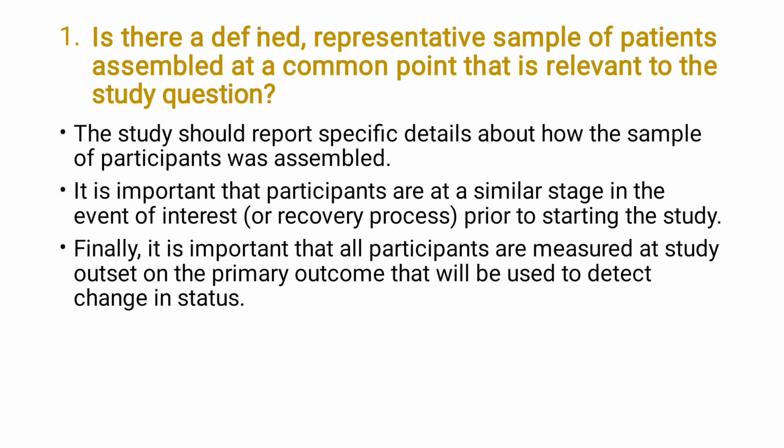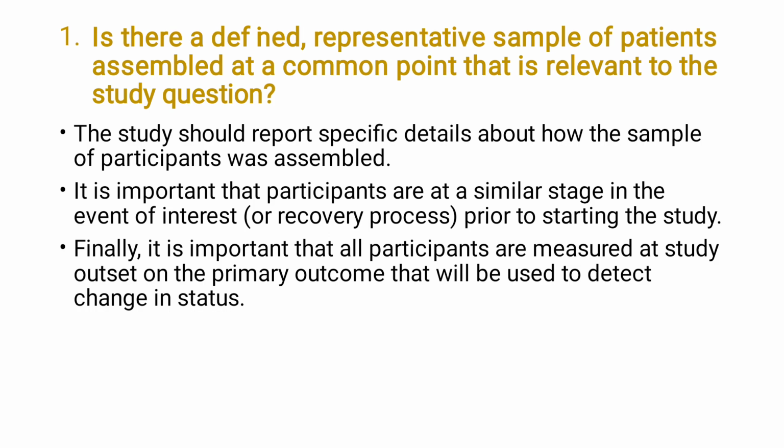So that will be the representative sample of the patients, then assembled at a common point of time, meaning whichever participants you take, they should be at a similar stage of the event of interest or the outcome of interest which we are going to find out.